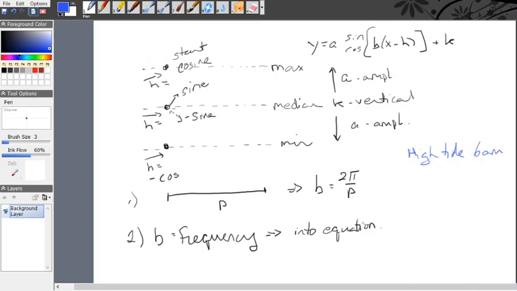I know that I have a starting point of 6 a.m. and I know that it is a high tide. My equation is already y equals cosine x minus 6.